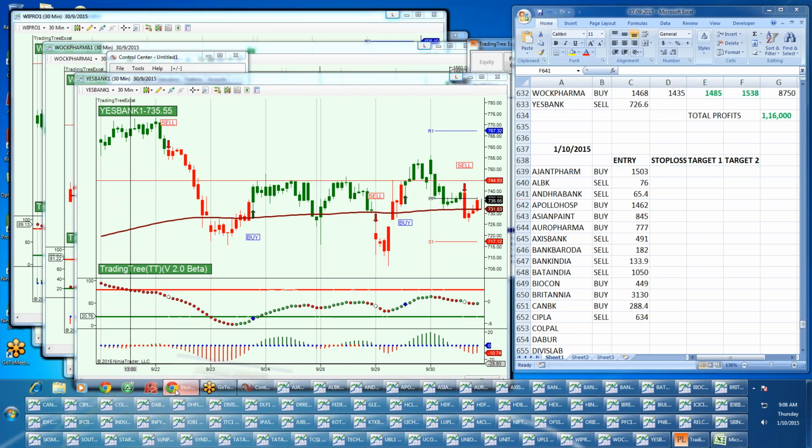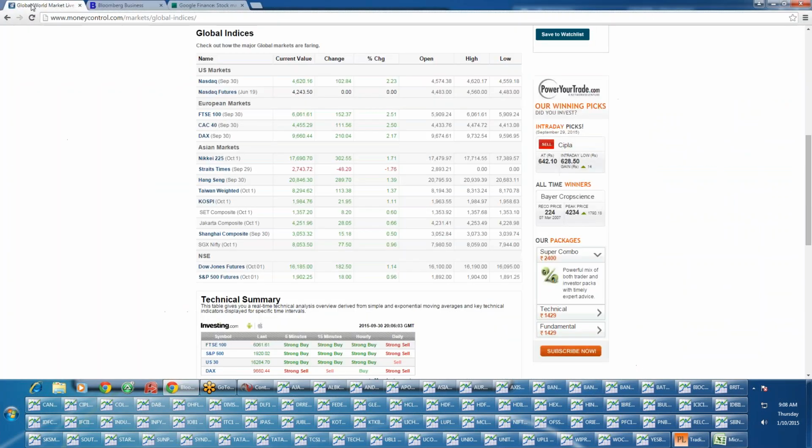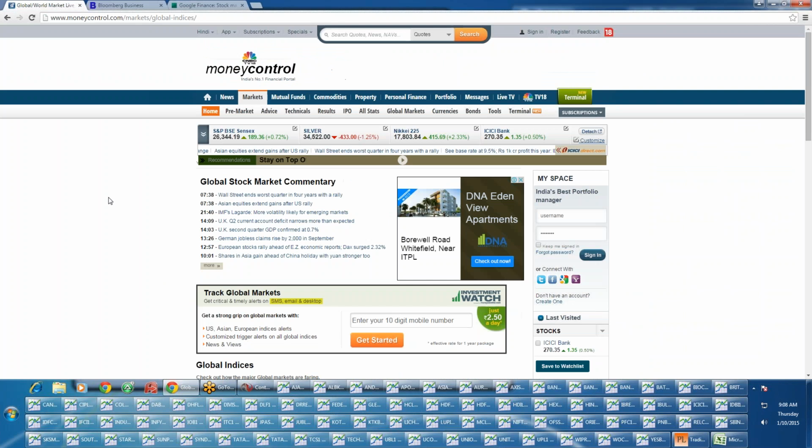So now let's go back to Nifty. Let's see how many points we have a gap up. So that's around 43 points gap up.